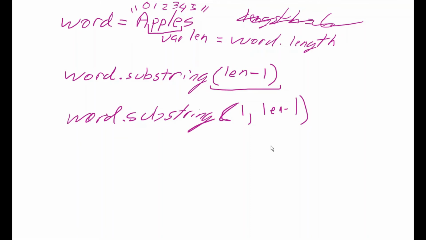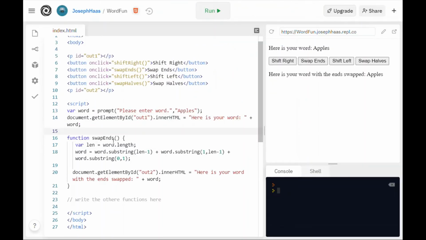All right, let's go back and take a look at the program, shall we? So let's again look at swap ends and talk about how that works. Well, I already talked about this first part when I was writing on paper, very messy there. Len, of course, is just the length of the word. So, for example, if my word is apples, the length would be 6.